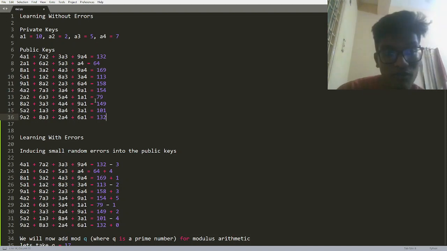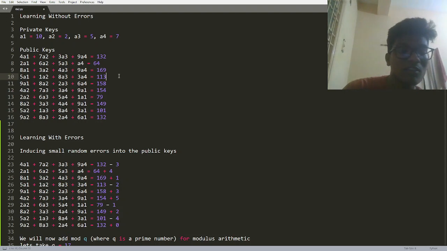But if you see this, and this is basic mathematics, these are all systems of linear equations, and it is very easily solvable. Since we have four variables with just four equations, we can easily solve for the values of our private keys. So this is not a good encryption technique because it is easily solvable.